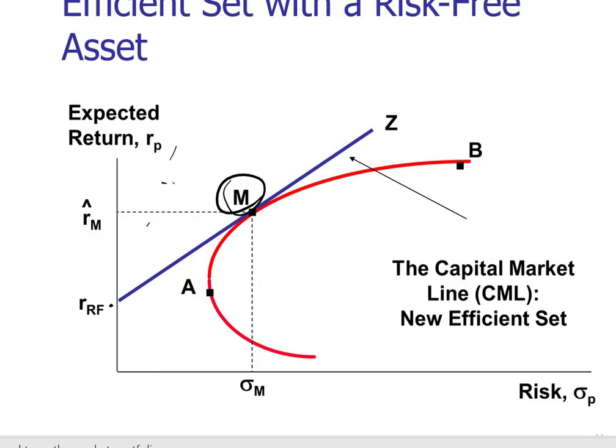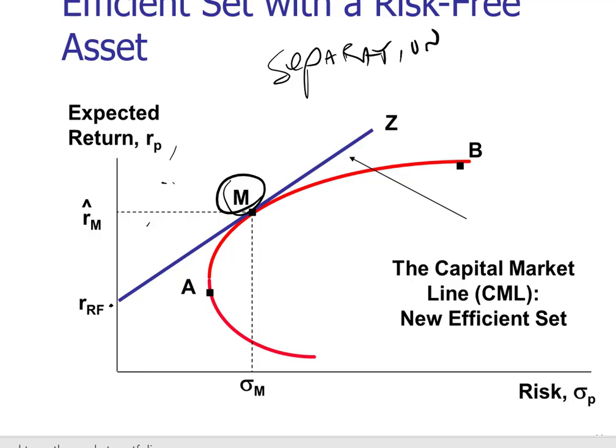The theory at work here is something called the separation theory. The separation theory divides investing into two choices. Number one, let's choose the risky asset. In this case, M is going to maximize the risk-return relationship for all of the risky assets.